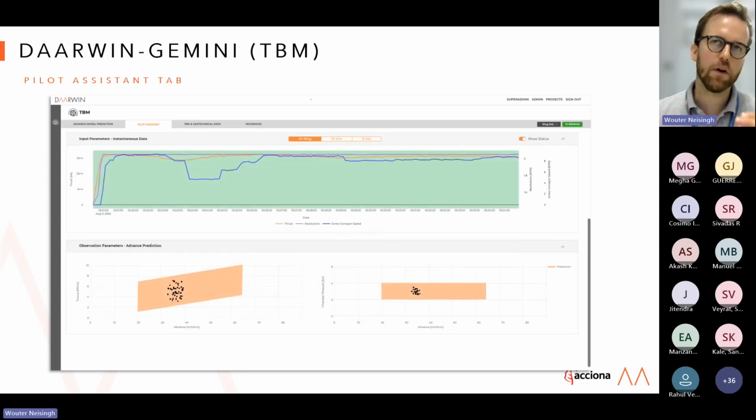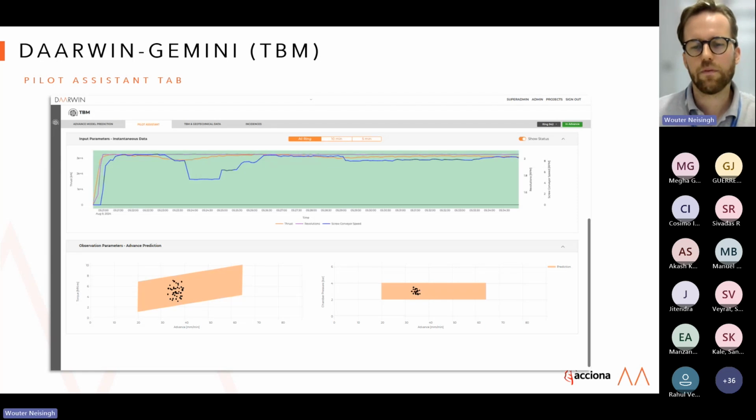Then the bottom part, you see the advanced predictions of the observational parameters. So do the values really stay within the expected safety margins? The first graph that you see at the left, the orange part there, is a model calculation to predict the advance minimum and maximum rates, and it generates 2 dots for every advance.